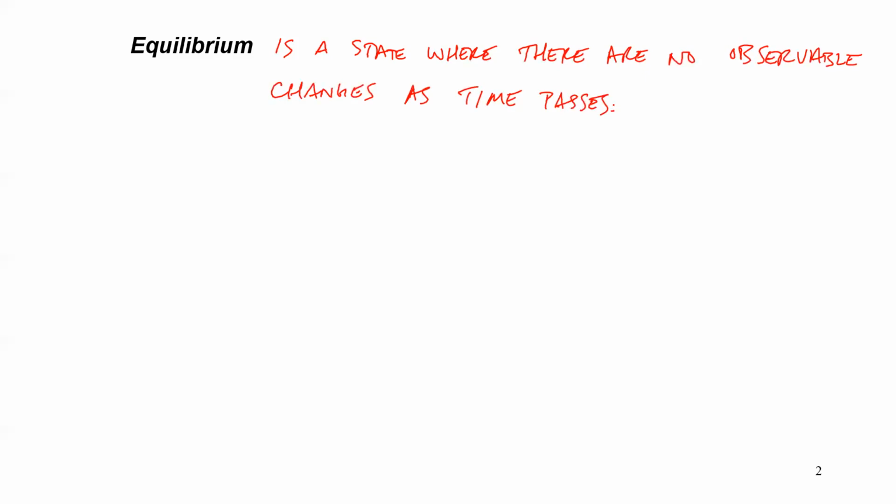So as time continues, we get to a point, we get to this equilibrium where we can't tell that anything's happening in our reaction. And so what we think about when we think about chemical equilibrium in particular, right?